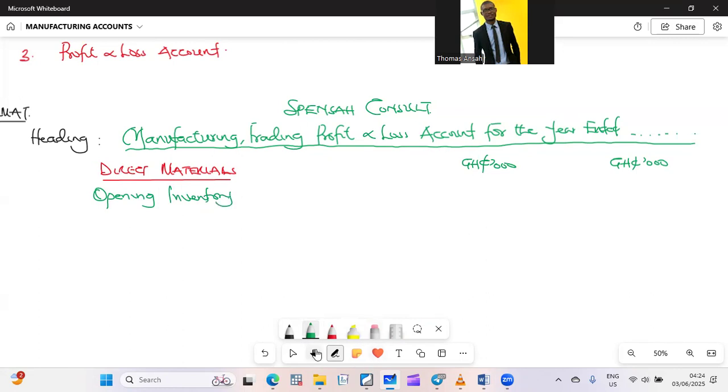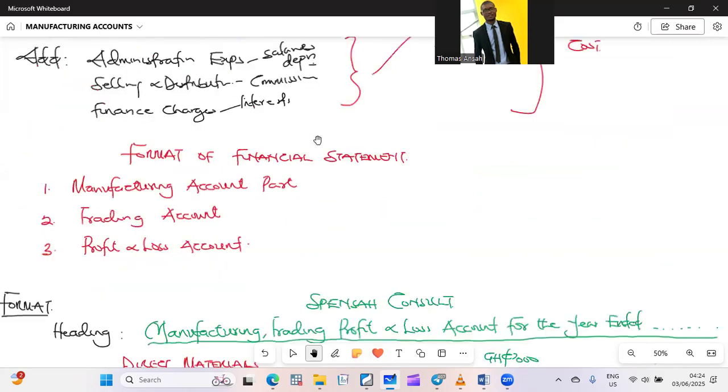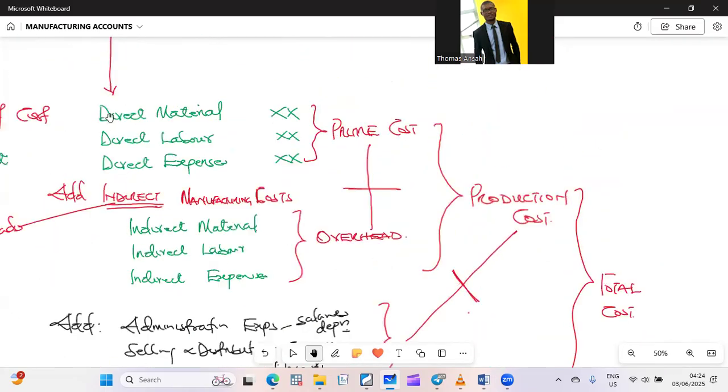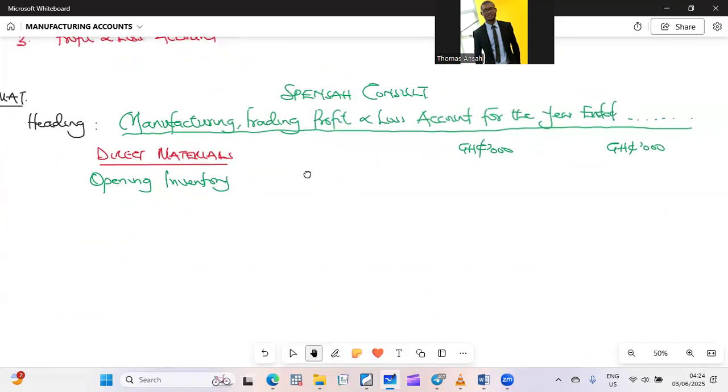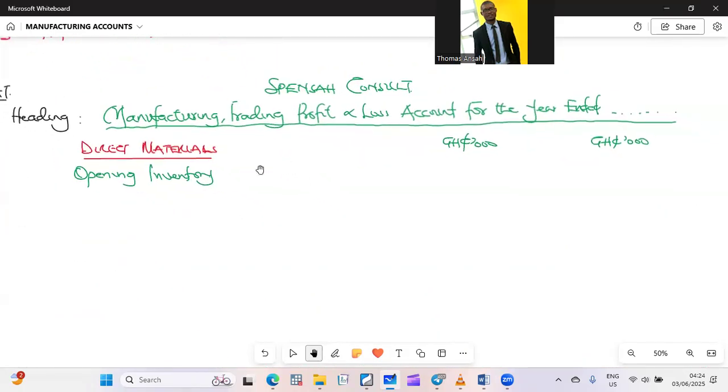Don't forget what we just did. Don't do anything apart from that. We have picked the direct materials, so we are doing opening stock of direct materials. Since you put the direct material here, we know that the opening stock that you've written here is for materials, not for production trading. So this is specifically raw materials.